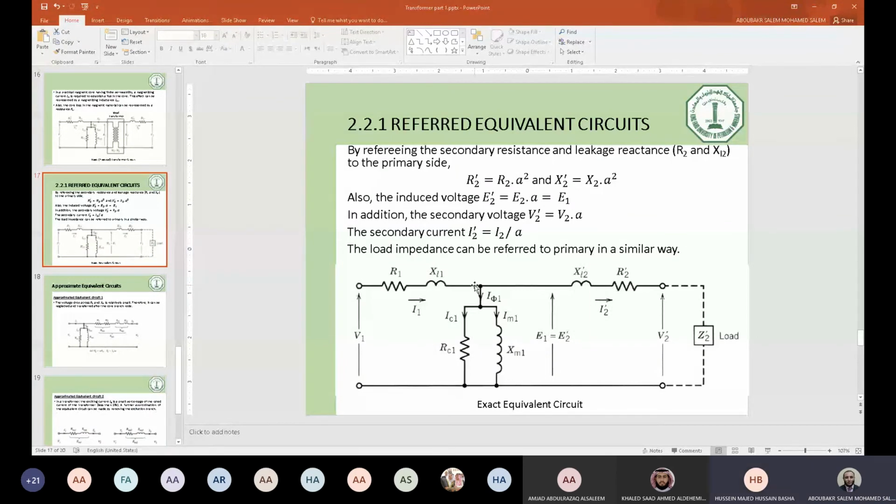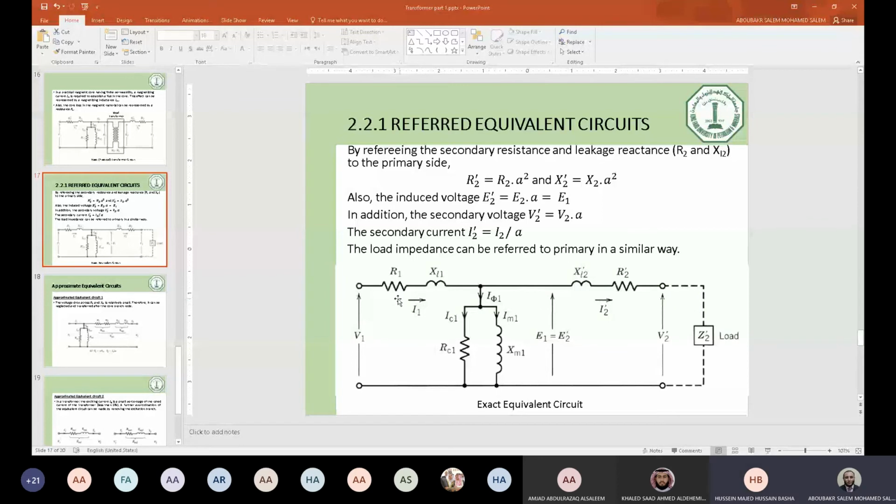I assume the voltage drop across R1 and X1 is a very small value. This is because the current absorbed here, I phi 1, which is the no load current, is very, very small. This current can be maximum around 5% of the input current.